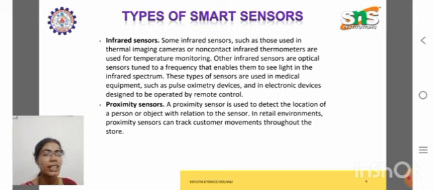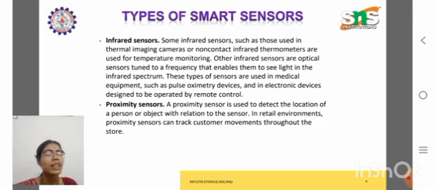Types of smart sensors, continuity. Infrared sensor. Some infrared sensors such as those used in thermal imaging cameras or non-contact infrared thermometers are used for temperature monitoring. Other infrared sensors are optical sensors tuned to a frequency that enables them to see light in the infrared spectrum.